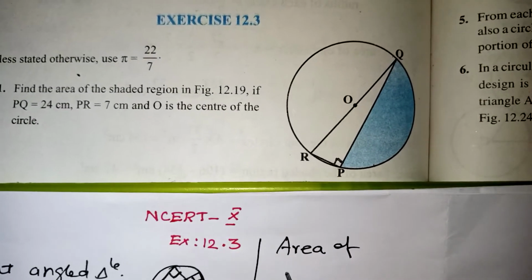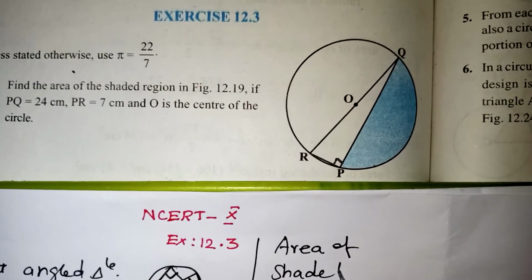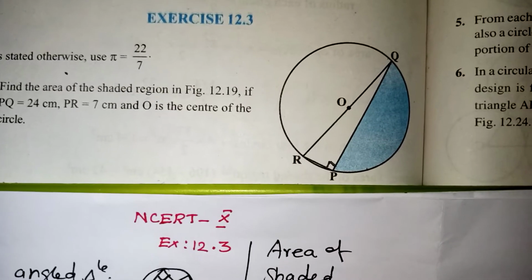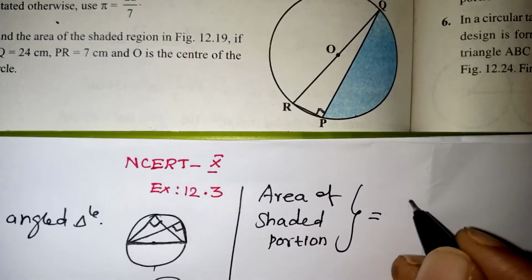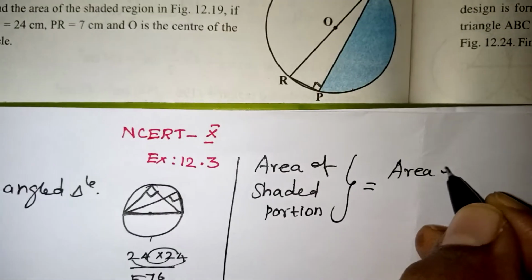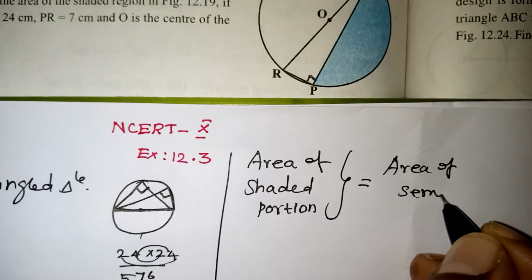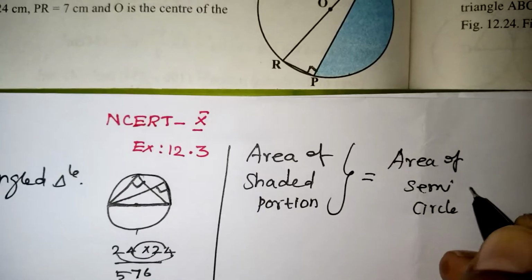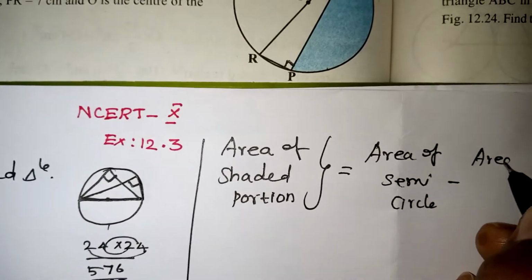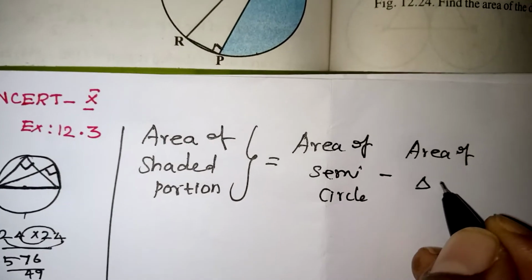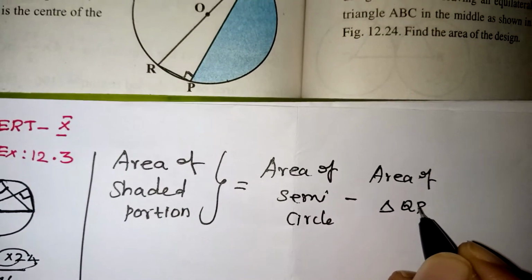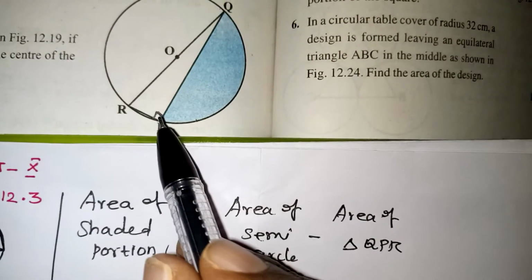Area of the shaded portion is equal to area of the semicircle minus area of the right angle triangle QPR. This triangle we have to subtract.